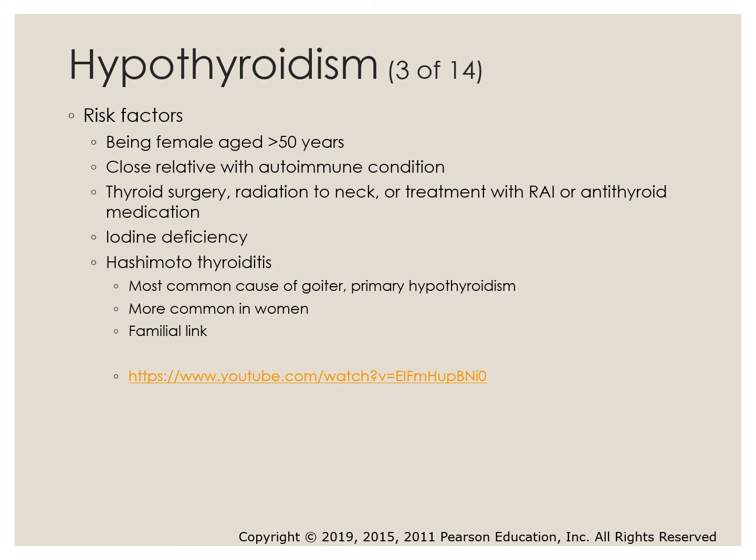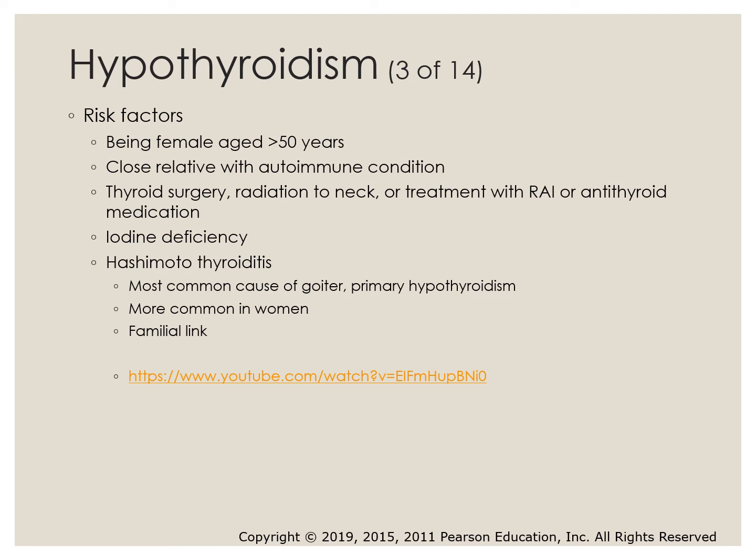Hashimoto's thyroiditis is the most common cause of goiter and primary hypothyroidism in adults and children. In this autoimmune disorder, antibodies develop that destroy the thyroid tissue. Functional thyroid tissue is replaced with fibrous tissue, and the TH levels decrease. Decreasing levels of thyroid hormone during the early stages of the disease prompt the gland to enlarge in an attempt to compensate, causing a goiter.